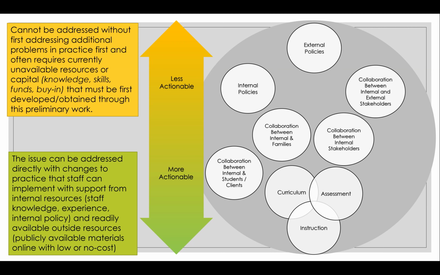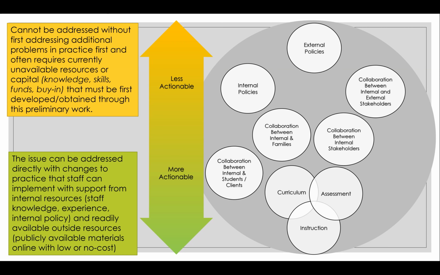However, these are things we can get online easily, most of them for free already, through the National Center for Technical Assistance for Transition, NTACT, and other resources, the IRIS Center out of Vanderbilt University. Different states have tons of resources.